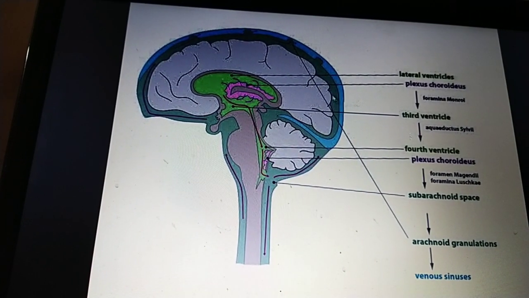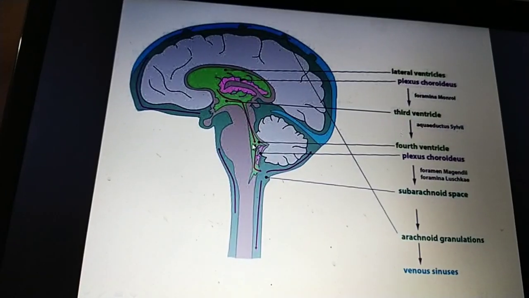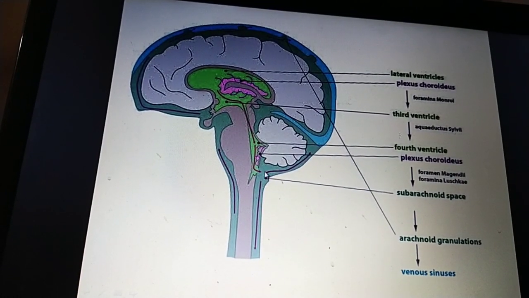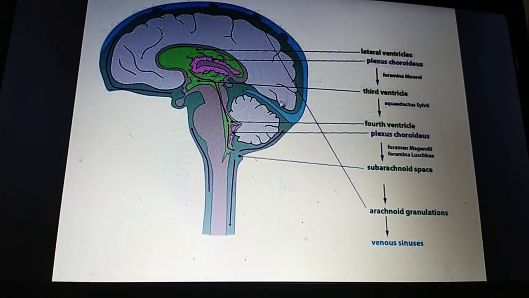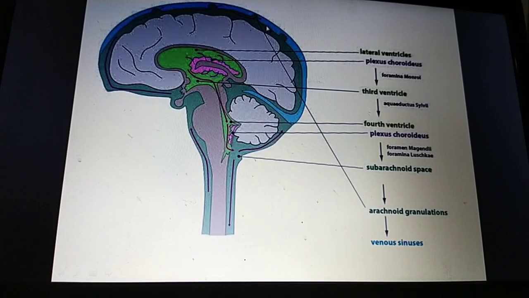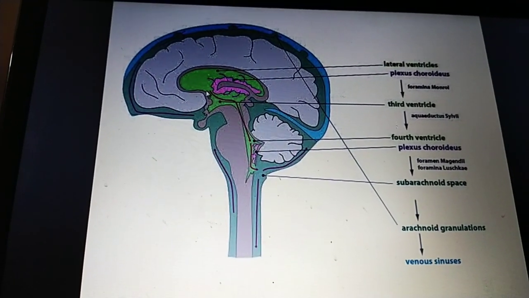This is the circulation of the CSF: lateral ventricle, third ventricle, fourth ventricle, central canal, then the subarachnoid space, arachnoid granulations, and venous sinuses.